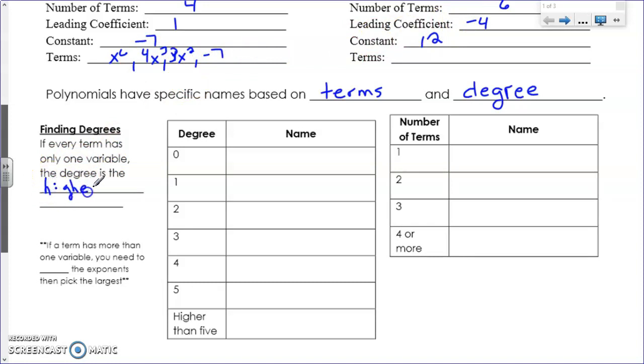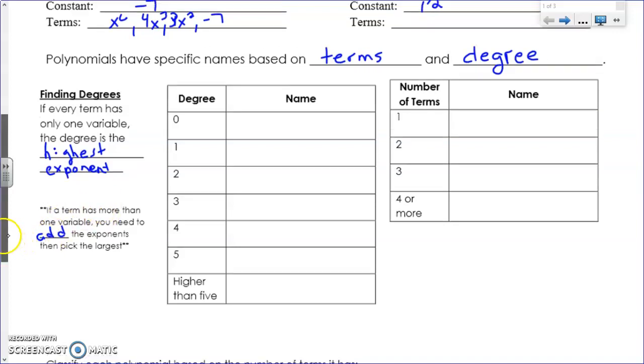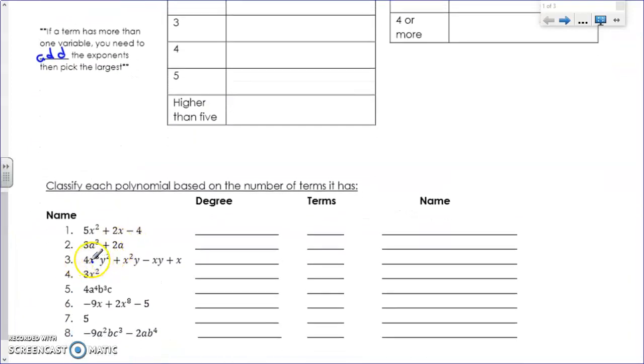So if it's only one variable, the degree is based on the highest exponent. If a term has more than one variable, you need to add the exponents in that term and then pick the largest. But like down here, see how it has x and y? So you would add 3 plus 2 and get 5 there. Right here on number 3.